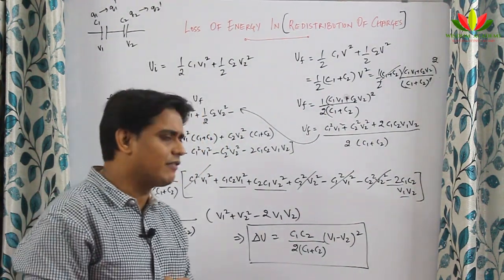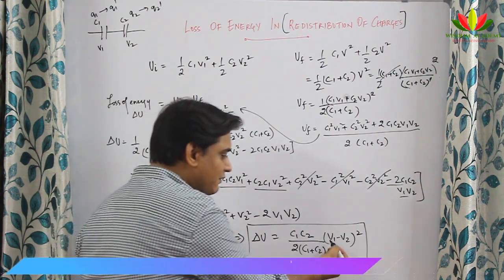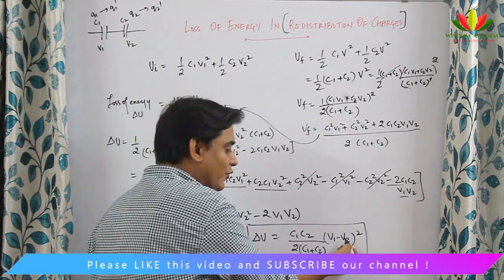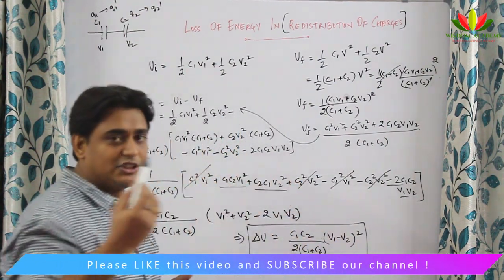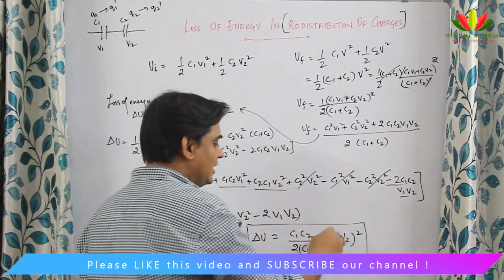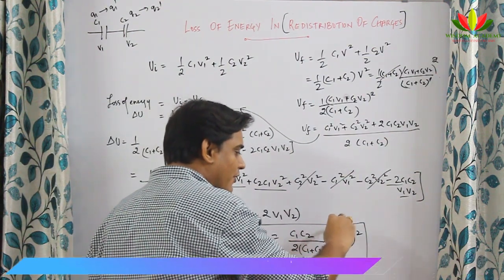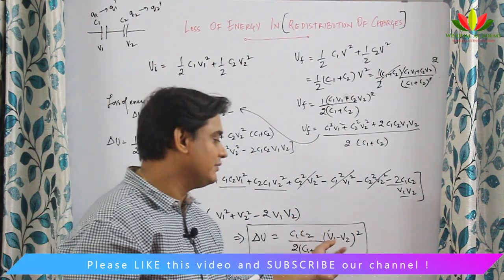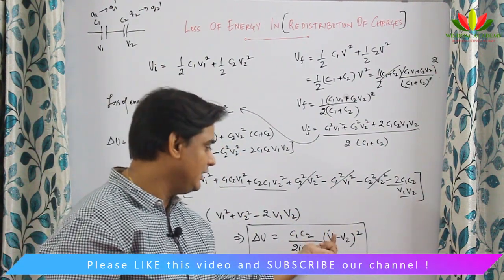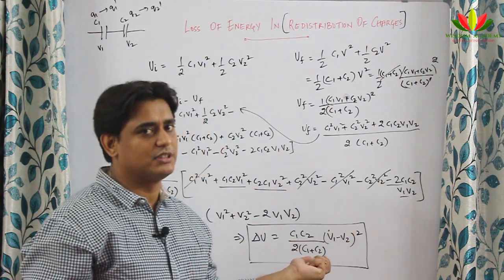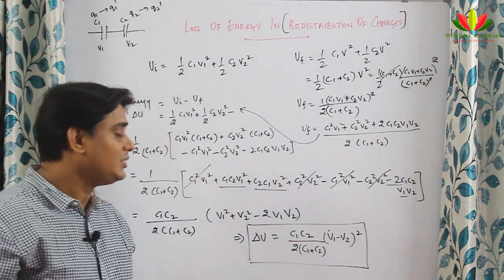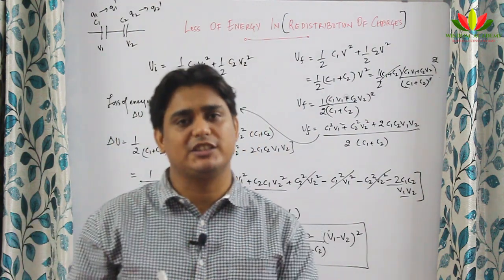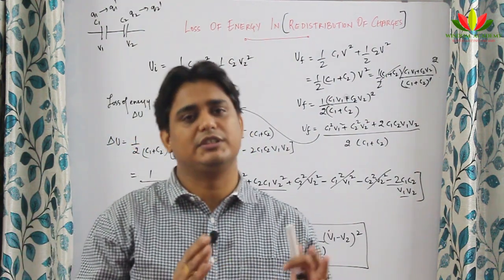One thing you can understand from this equation is that since it is V1 minus V2 the whole square, whether the potential is moving from V1 to V2 or V2 to V1, it will always be a positive value, because even if it is negative, the square will become positive. So, remember that whenever there is a redistribution of charges, there will be some loss of energy.